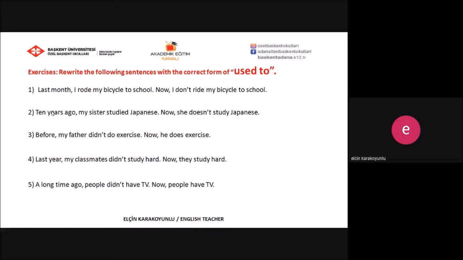Or, last year, my classmates didn't study hard. Now, they study hard. And the last one: a long time ago, people didn't have TV, but now people have televisions. So just think about it and try to rewrite the following sentences with the correct form of "used to."